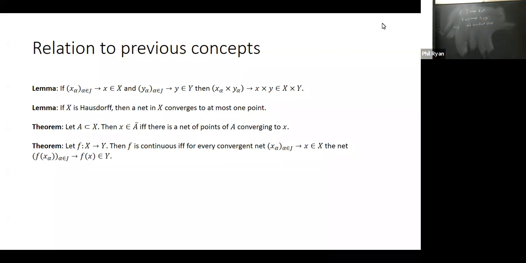And then the fact that x alpha converges to x means that there is an alpha such that x beta is in U when beta is bigger than our alpha, all right?